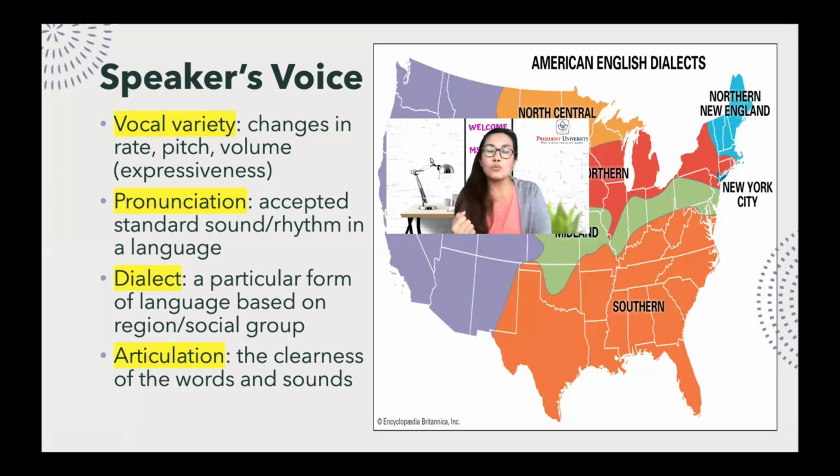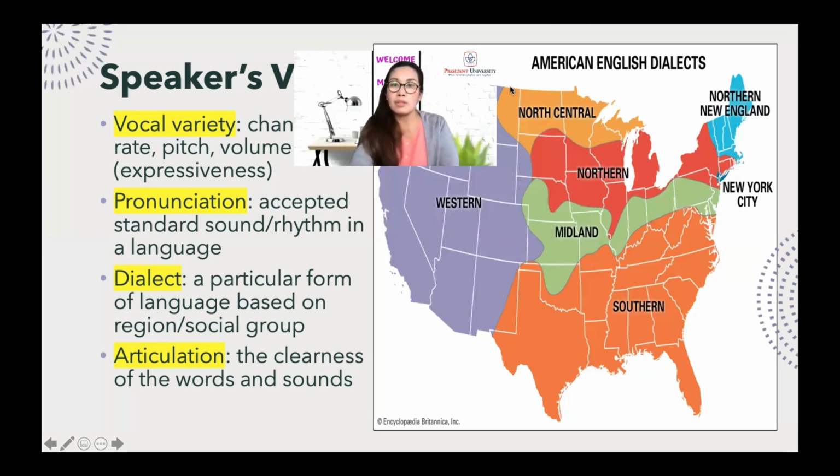So now we are dealing with how to say something correctly, especially if your speech is delivered in another language. You need to really pay attention to this one, because sometimes pronunciation can influence the way people understand what you talk about. Also related to that is dialect. If you speak English, for example, you know that English is spoken in a lot of different dialects.